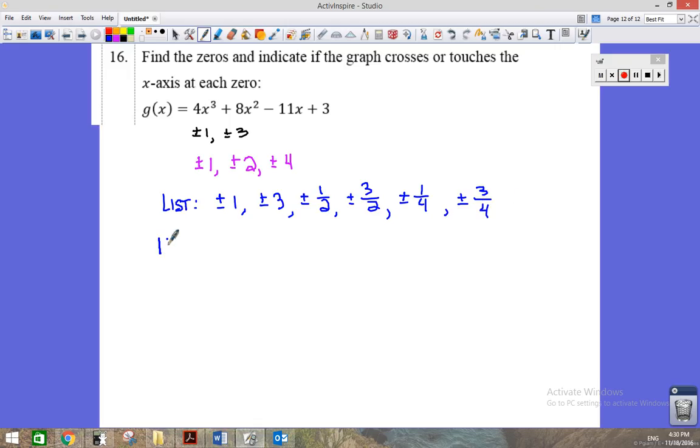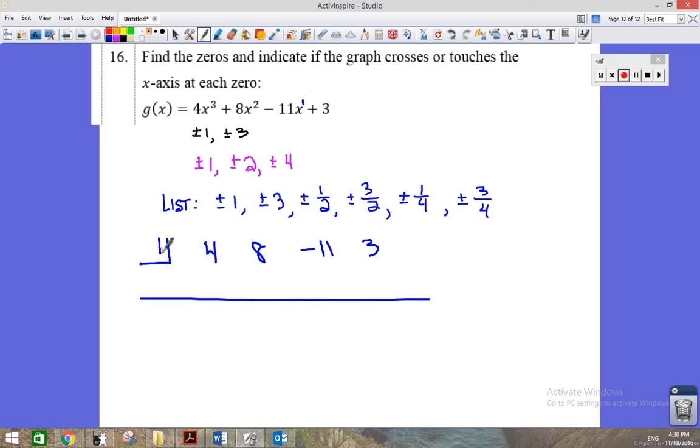So I'm going to use 1. My polynomial is in standard form, with the exponents in descending order, 3, 2, 1, and the constant term. I have no missing terms, so I don't have to fill in any zeros. So I can just put 4, 8, negative 1, and 3. I'm looking at the remainder over here and hoping to find one that has a remainder of 0.